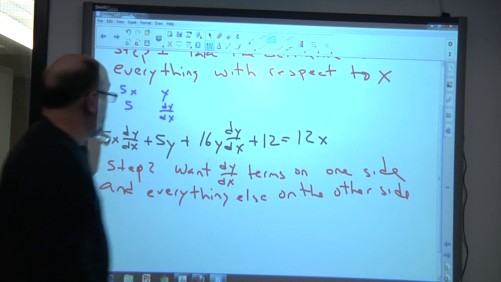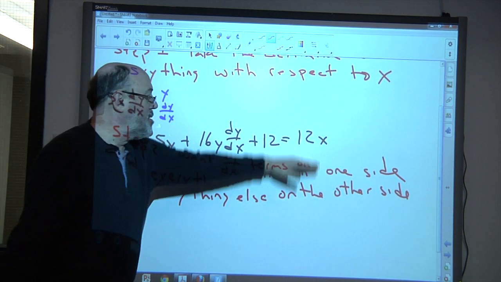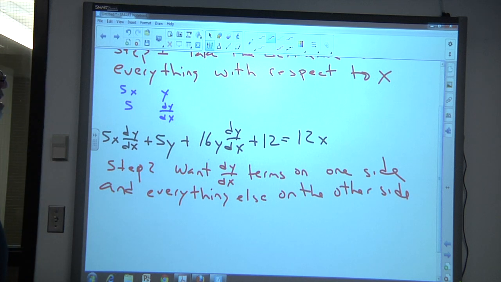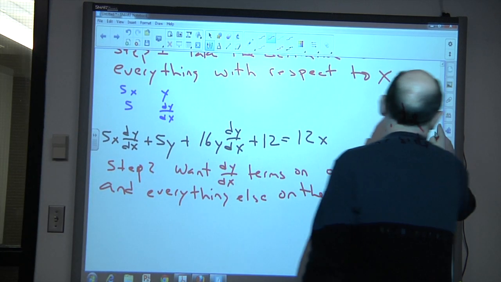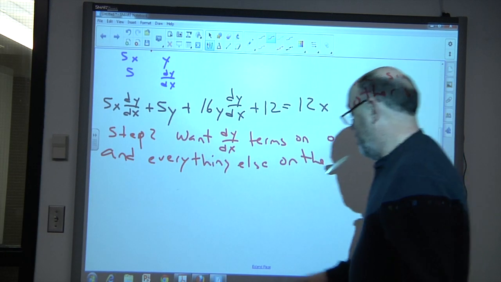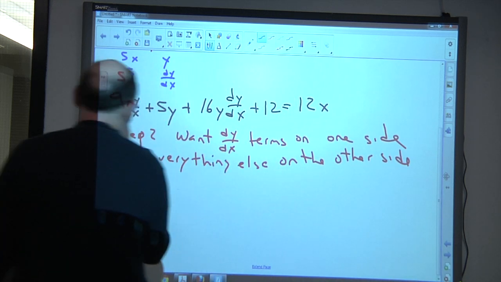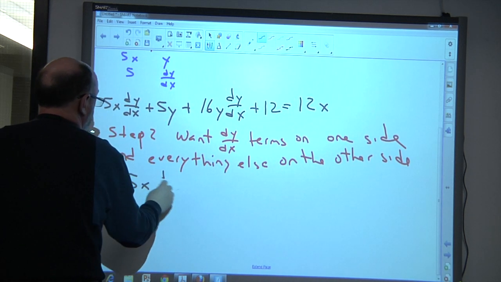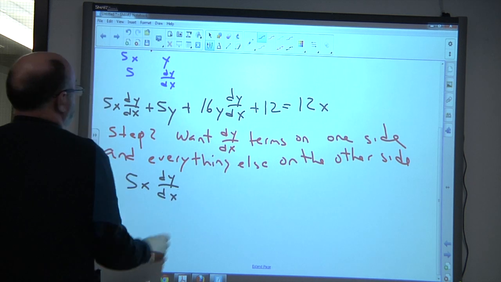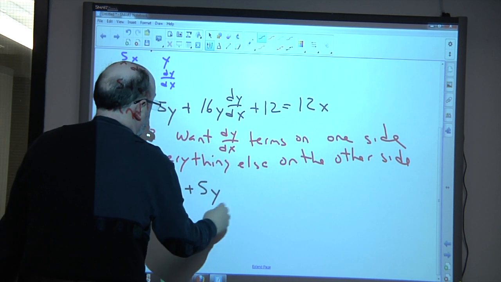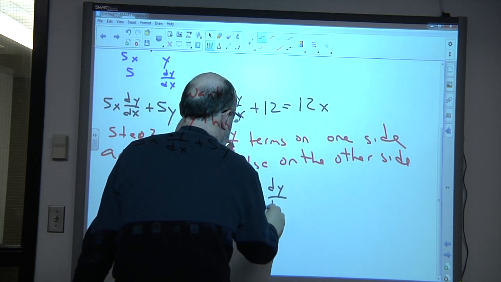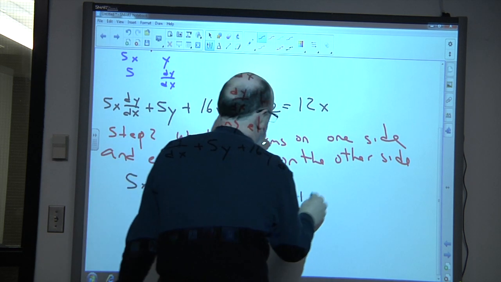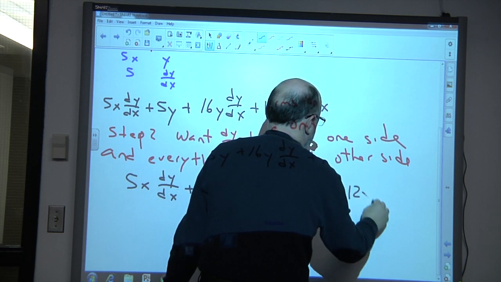So basically after step one, this step is the calculus step. The rest of the steps we're going to be doing are algebra steps. So let's rewrite what we had here from this step down here. 5x dy dx plus 5y plus 16y dy dx plus 12 equals 12x.